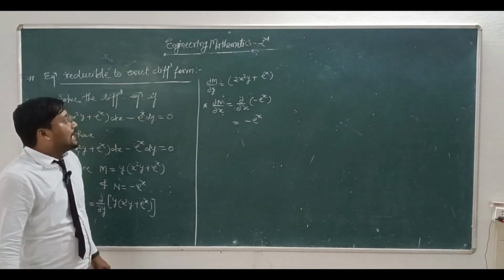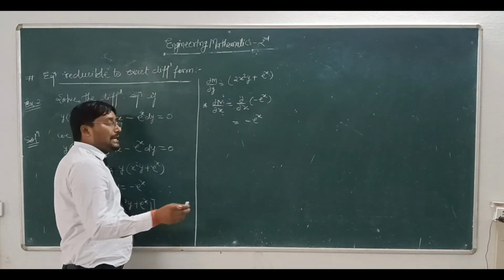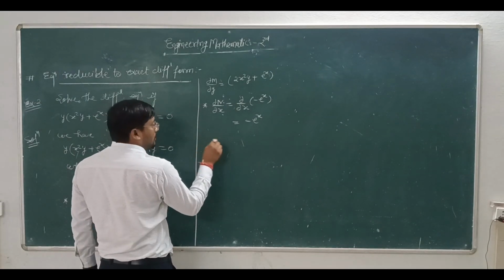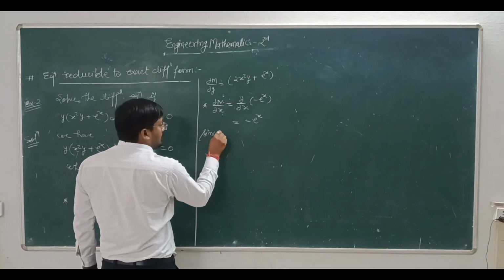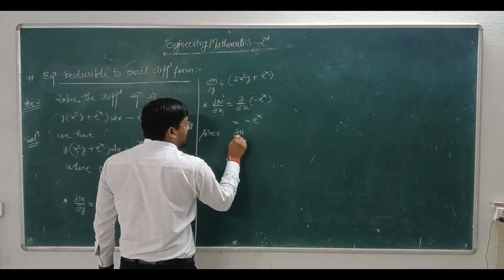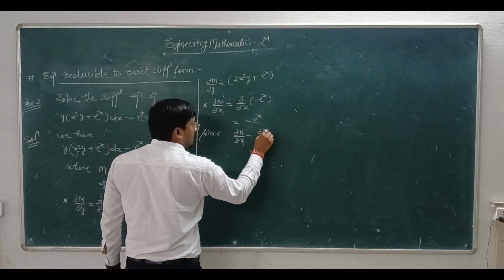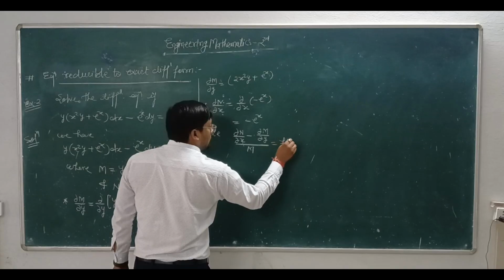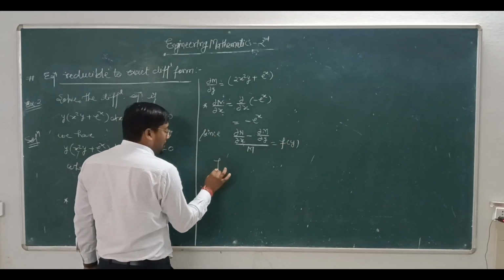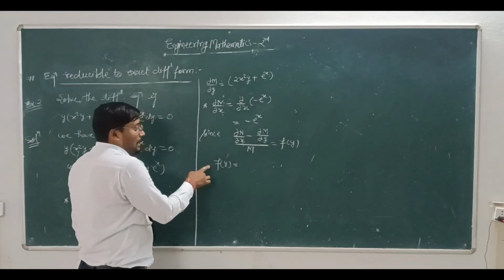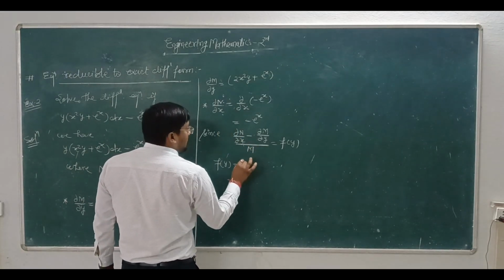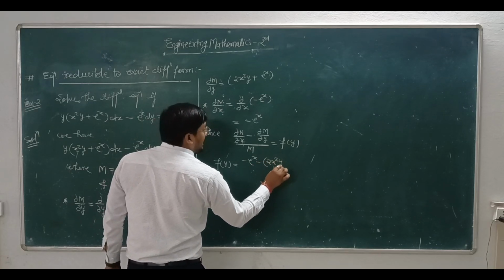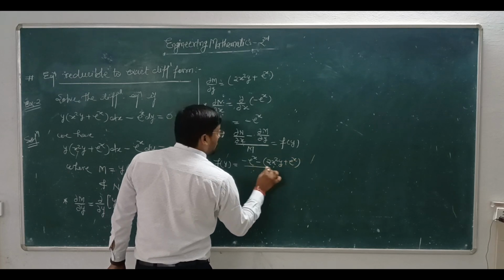Since del m upon del y is not equal to del n upon del x, now using the second condition of the reducible to the exact differential equation: del n upon del x minus del m upon del y, total upon m, is equal to a function of y only. Now f(y), putting the values: minus e to the power x minus 2x square y plus e to the power x, total upon m.